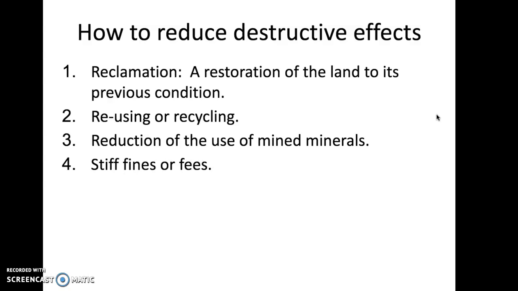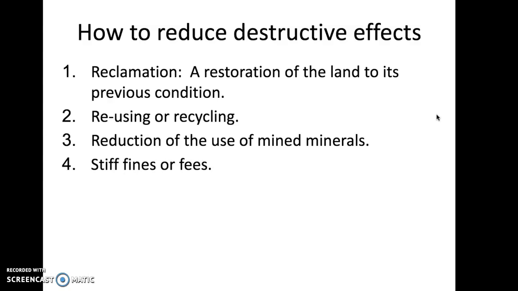So it's undoubtable we need mining in order to get the energy that we need to do things like power things. So let's think about how we can do this more sustainably, just how we thought about farming and how we can do that more sustainably. One way we can do this is through reclamation, which is when we restore the land to its original or previous condition.